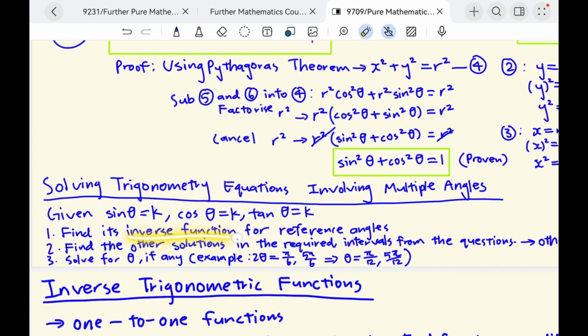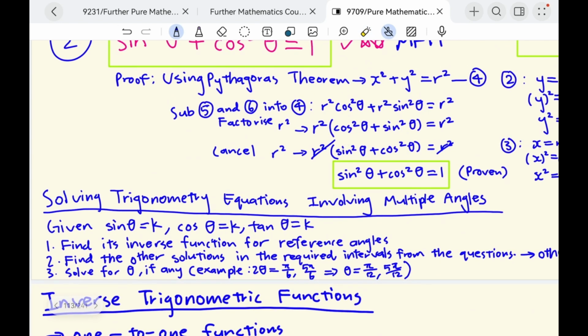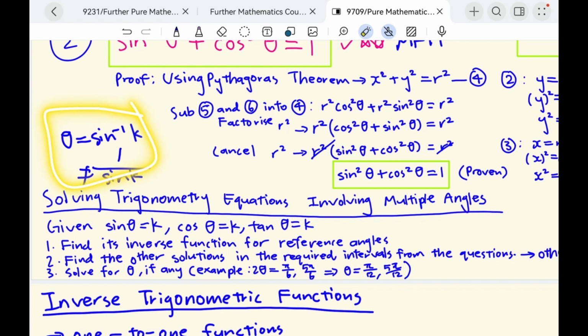What does the inverse function mean? It means that if you move sine to the other side, you get theta equals arc sine k, which is sine to the power of negative 1, but it is not equal to 1 over sine k. This is the common mistake that many candidates might make, so don't repeat the same mistake again.